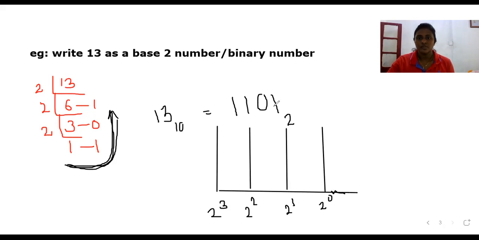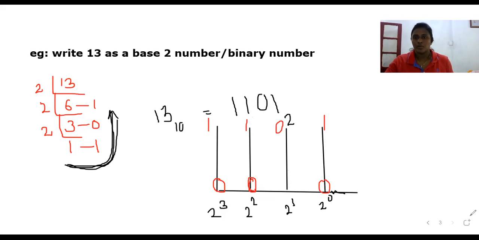Then this is 2 to the power 0. They are having 1. This place for 2 to the power 1, it's 0. So don't put any number. This place for 2 to the power 2, 1 ball. And here also 1 ball. So this is how we are representing number 13 as 1, 1, 0, 1. This is how we represent this in an abacus.